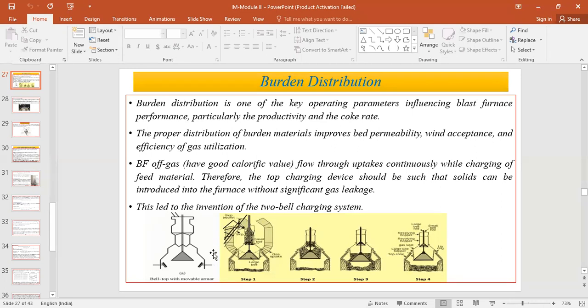That bucket will travel up, and then it will discharge the raw material into the hopper. Here you can observe that there is a hopper for both the bells. For the small bell, there is a hopper here at the top, and for the big bell, this is the hopper.